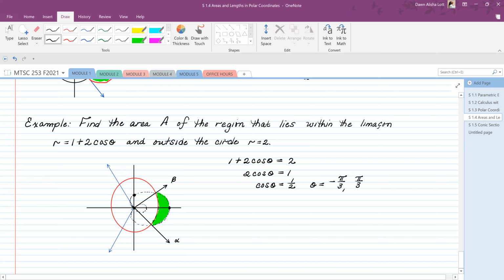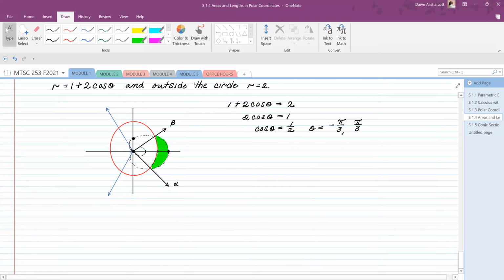Now, the other thing we could recognize is it's symmetric. So we don't have to go from minus pi over 3 to pi over 3. We could just do 2 times the integral from 0 to pi over 3.